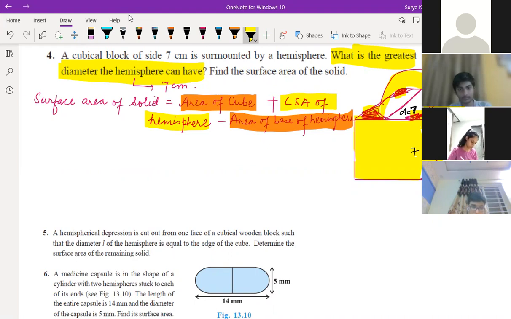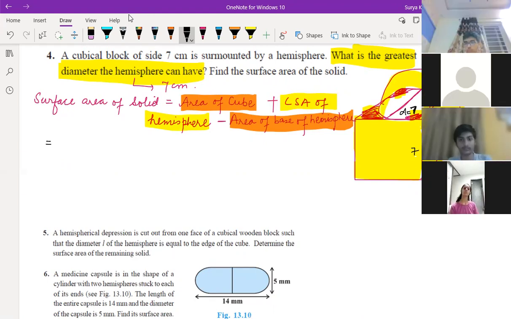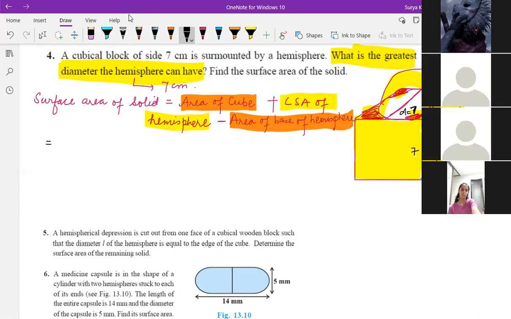Yes, sir. So now we can apply the formula. Sir, can you explain again? Okay, see. Here you have one cubical block, and a cube is nothing but all sides equal.